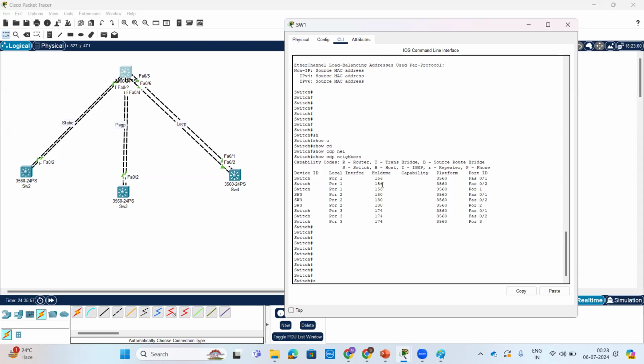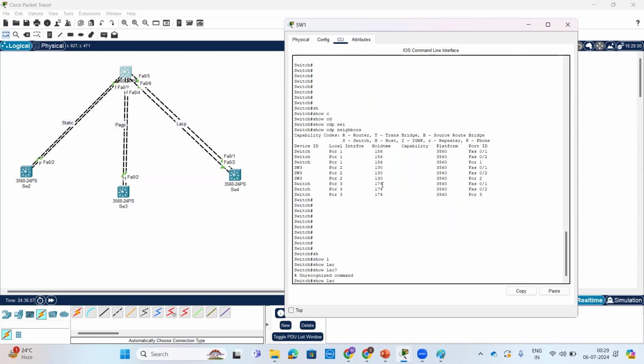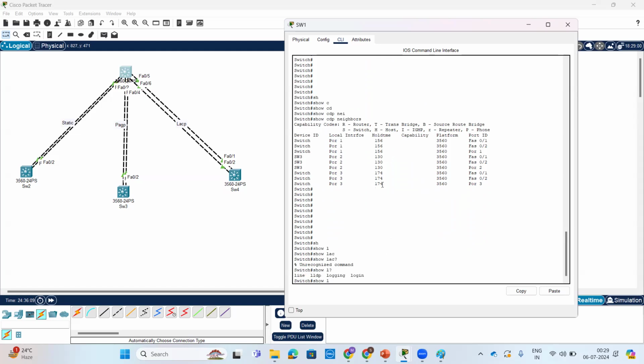And now move to show LACP. Here I think the command does not work because it's Cisco Packet Tracer. You can verify the LACP protocol with show LACP, like you can check the entire thing.